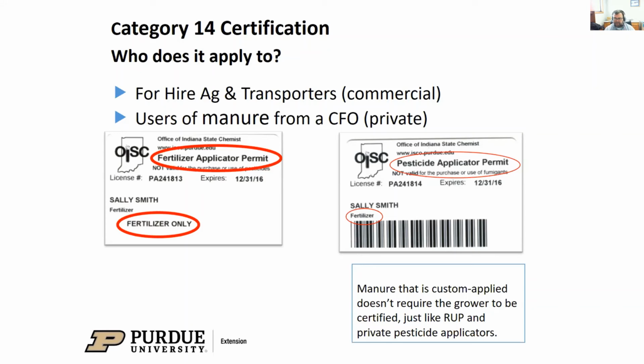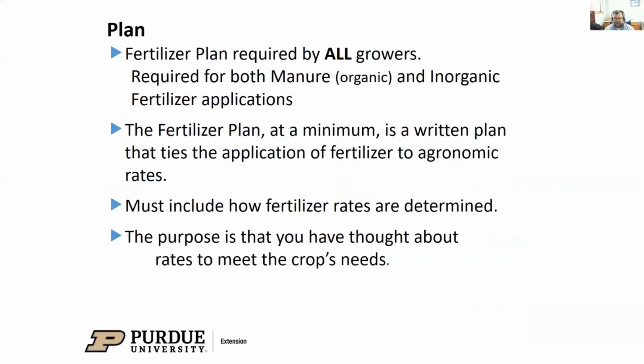It's just like restricted use pesticides and private pesticide applicators. But if you have your own CFO, then you need to have a private Category 14. Obviously, that's something that was stressed many years ago.